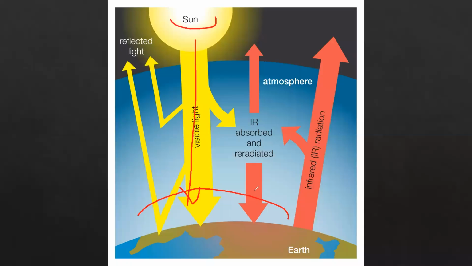But in case of a huge increase in the amount of greenhouse gases, these rays will be trapped within the atmosphere and will not be allowed to get out, and this will cause the increase in the temperature of the Earth, causing global warming.